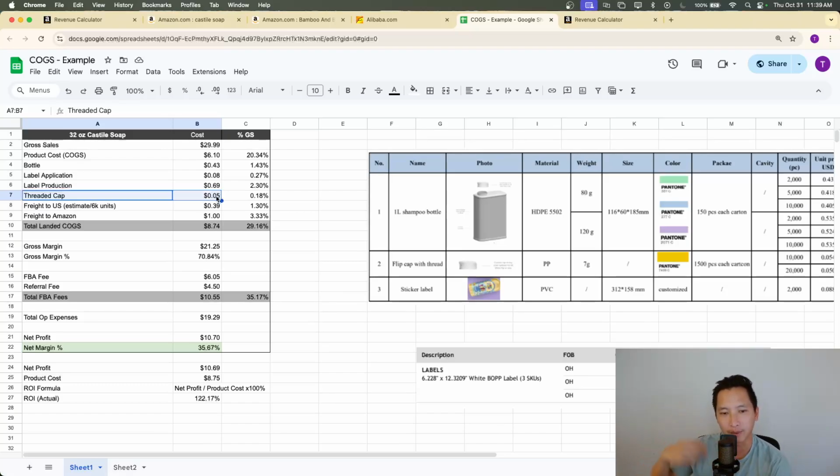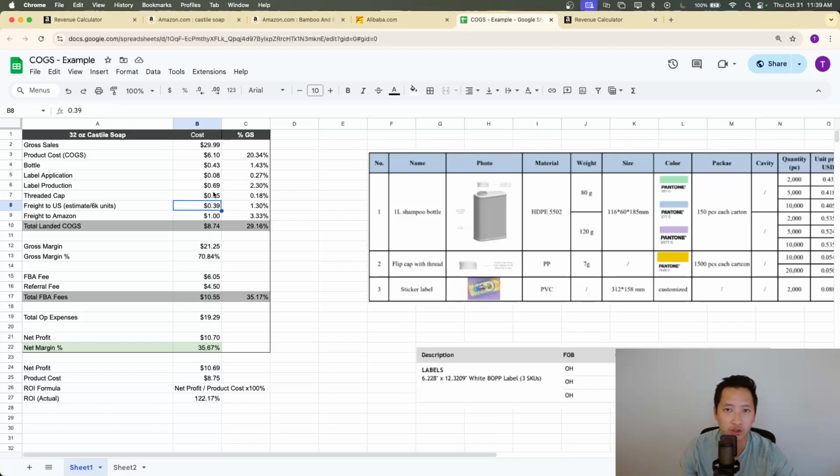The flip cap that we have. And then what we calculated here is we manufacture our bottles and our caps in China. So how much would it cost on a per unit basis to ship the bottle and the cap from China to the US? Now, this is a number that can be given to you by your supplier.